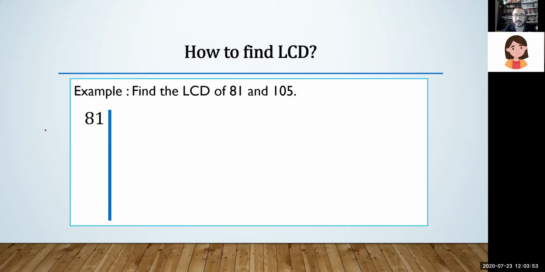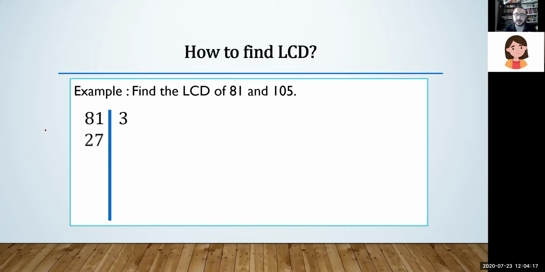I can start by dividing it by 3. If I divide by 2, I won't obtain an entire number. I'll obtain a number with a comma, virgule. I don't want virgules. I want an entire number.